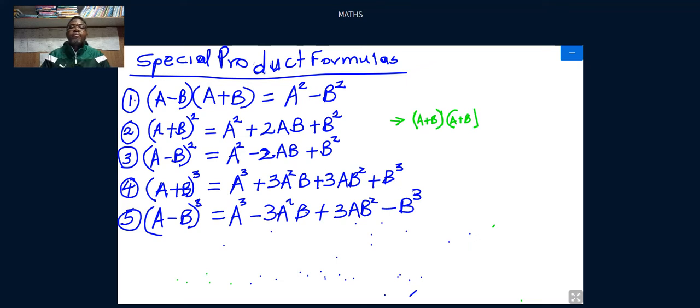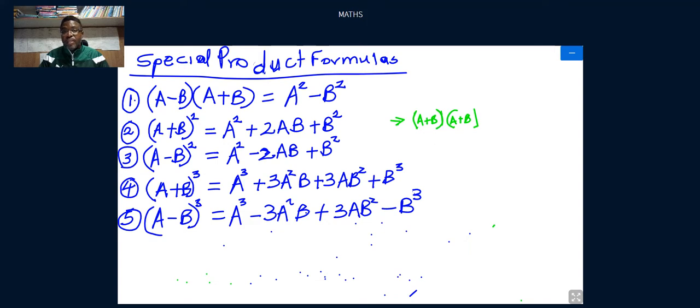Number 3. We have A subtract B, or a difference of A and B, all to the power 2. Again, you open 2 brackets because A minus B, in this instance, is a base. We bring back the laws of exponents.